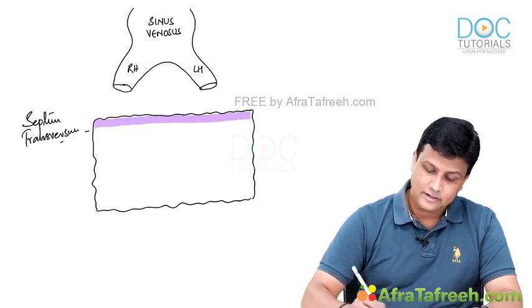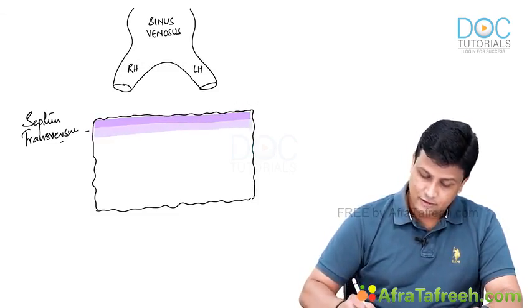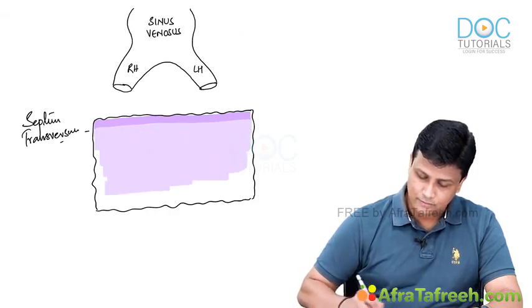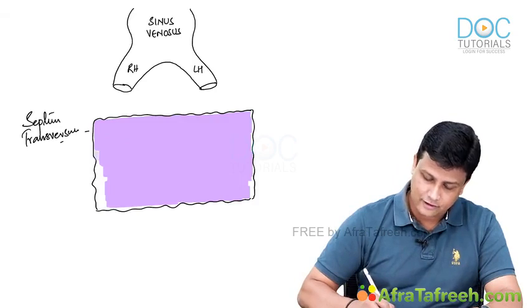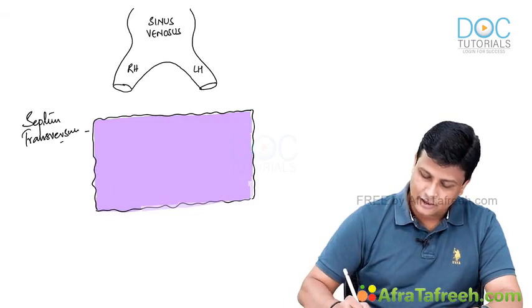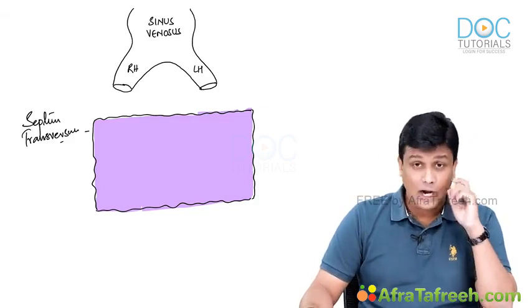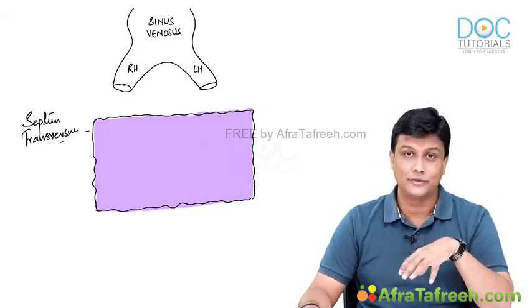Septum transversum is the one which is going to form four structures: the central tendon of the diaphragm, the stroma of the liver, the ventral mesogastrium, and not only that, it is also going to form the fibrous pericardium. So there are four derivatives of septum transversum, but out of those four, the one in which I am interested right now is the stroma of the liver.